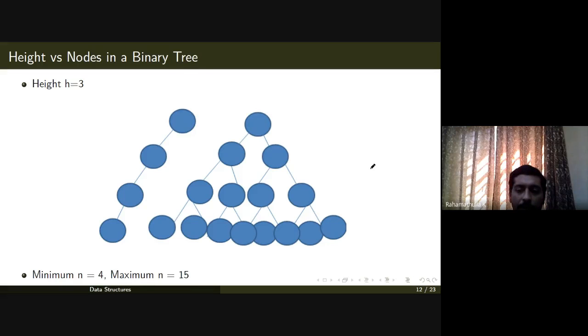Okay. So from this, we will try to find out the formula between height and number of nodes in a binary tree. What is the minimum number of nodes that is required for a particular height? What is the maximum number of nodes that is required for a particular height?